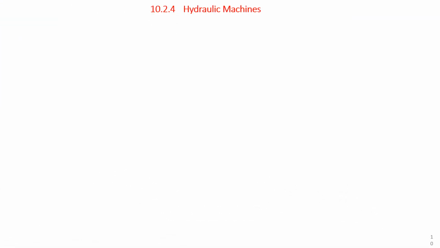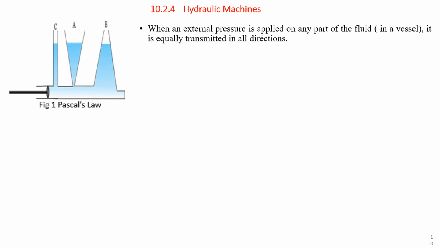Hydraulic machines. Hydraulic machines work on the principle of Pascal's law, which states that when an external pressure is applied on any part of the fluid in a vessel, it is equally transmitted in all the directions as shown in the figure.